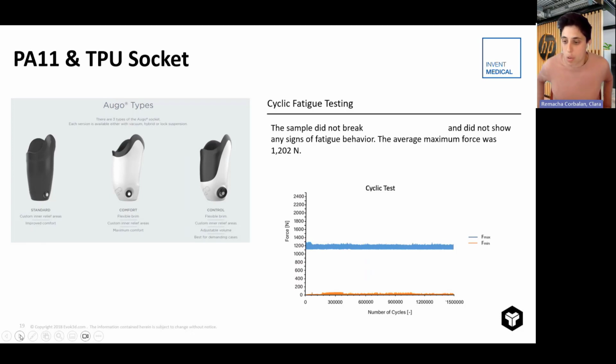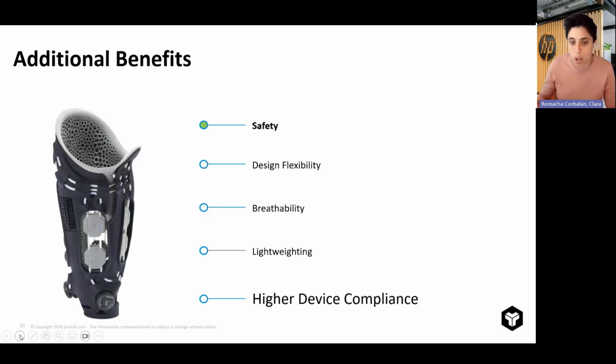Now, on the next slide, once you have checked the box of safety, you have to look at what other benefits using additive manufacturing can bring you in terms of patient outcomes. I use this socket because it's a very nice representation of these other benefits. We're talking about design flexibility, things that you can add, and Simon was touching on this earlier, things that make the design more complex.